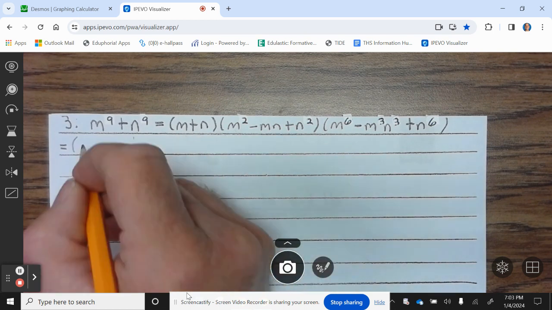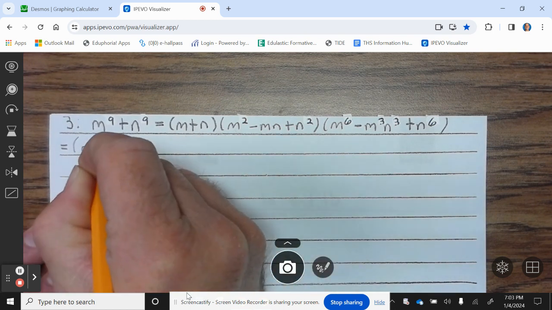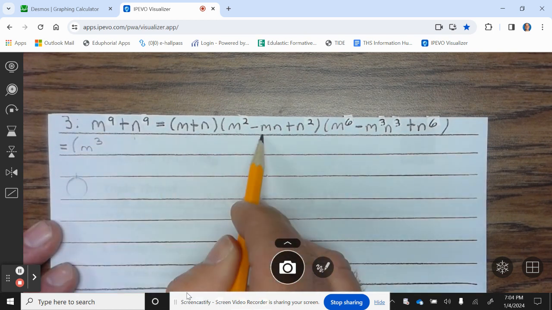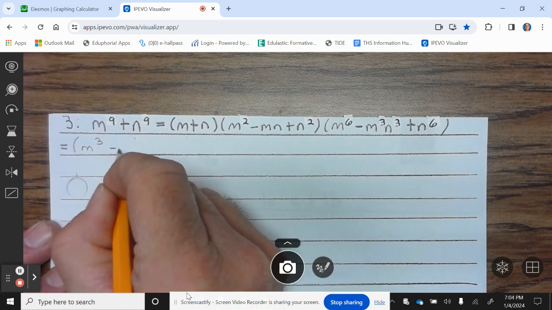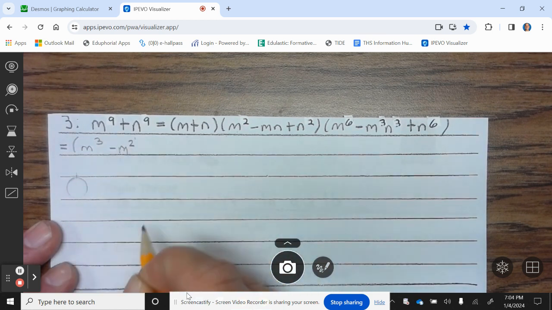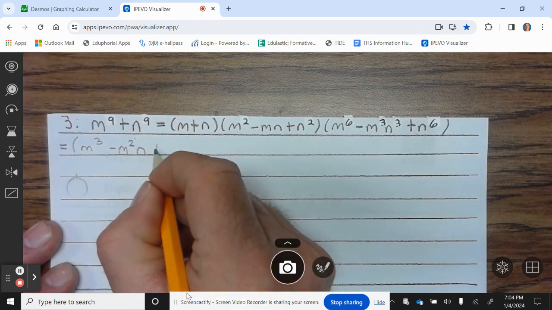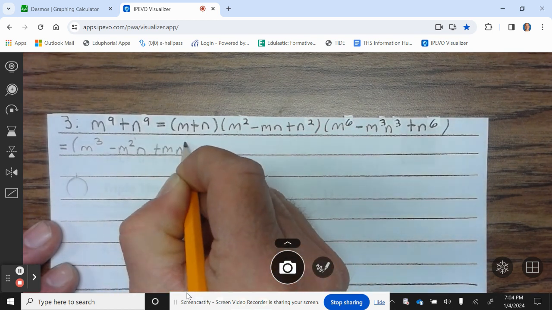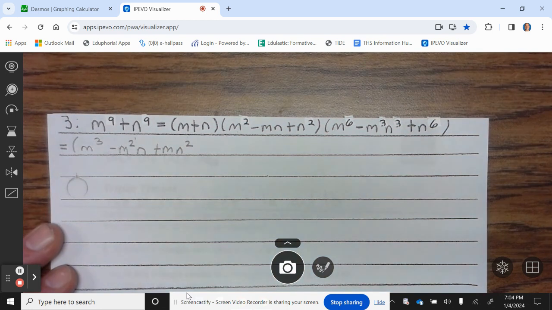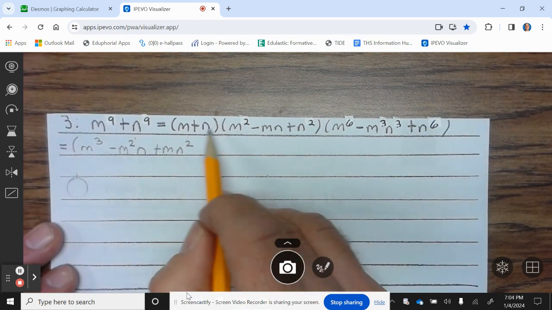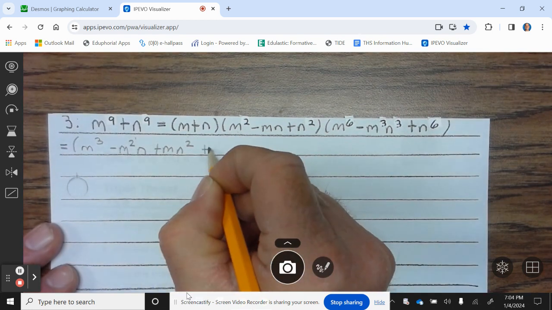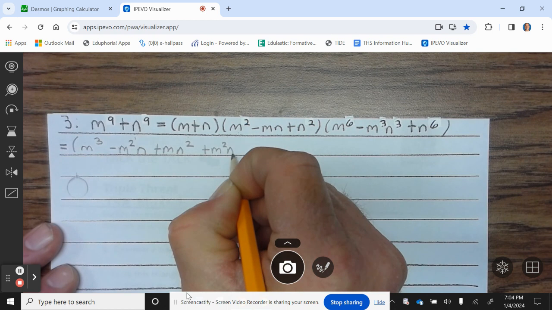M times m squared is m cubed. M times negative mn is minus m squared n. M times n squared is plus mn squared. N times m squared is plus m squared n.